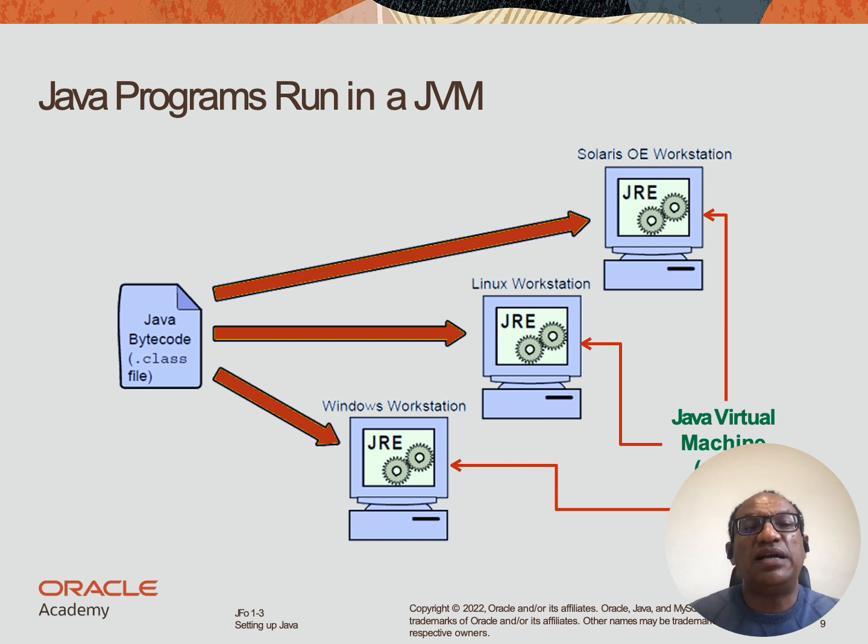Java class libraries are libraries of pre-written code that can be combined with the code that you write to create robust applications. Combined, the JVM software and Java class libraries are referred to as the Java Runtime Environment, JRE. JREs are available from Oracle for many common platforms.